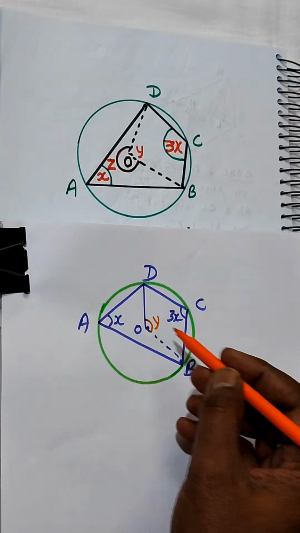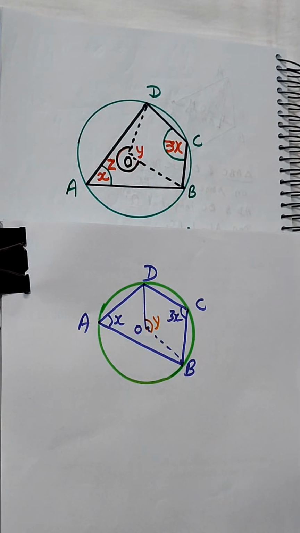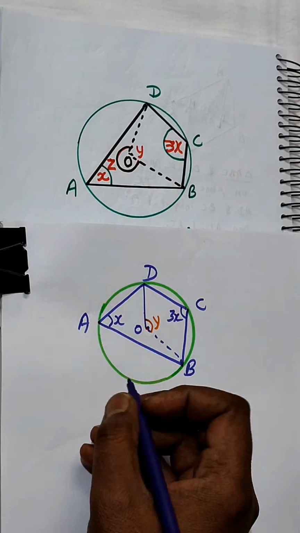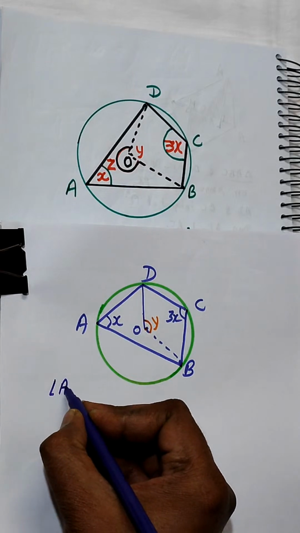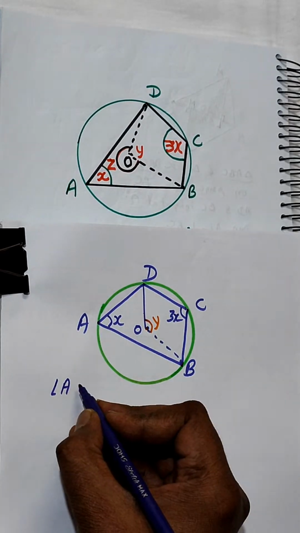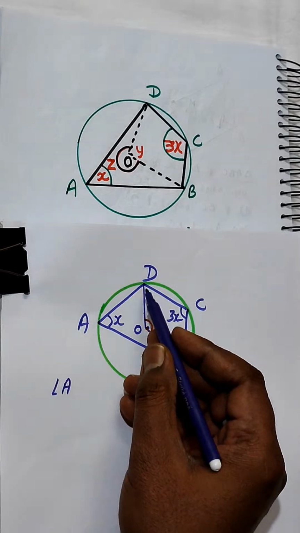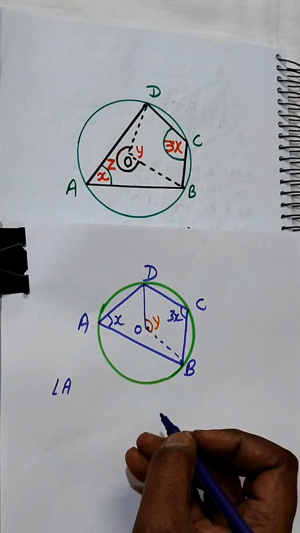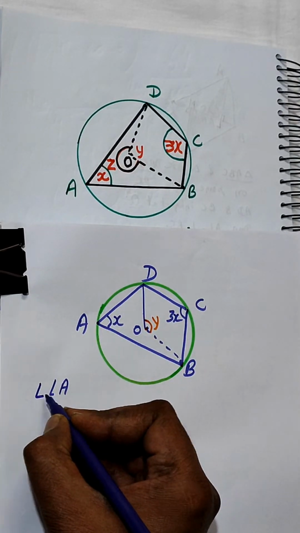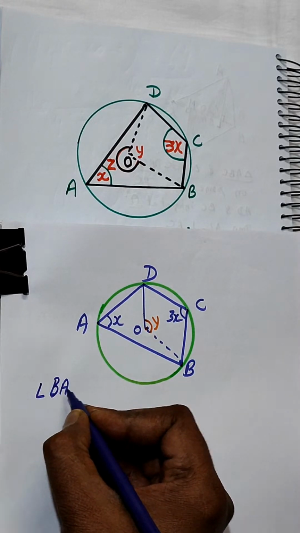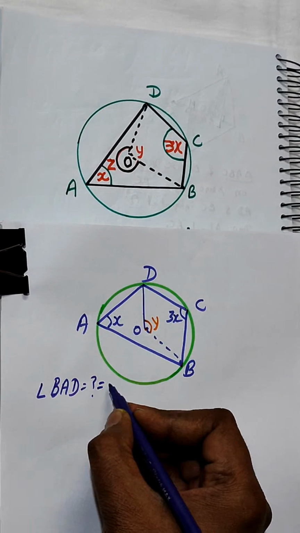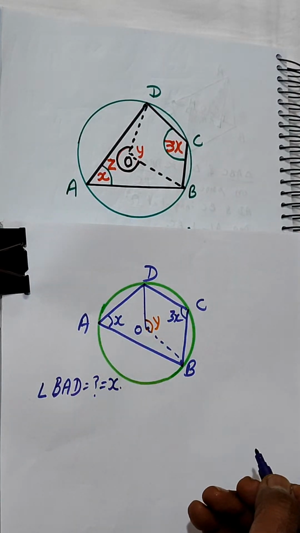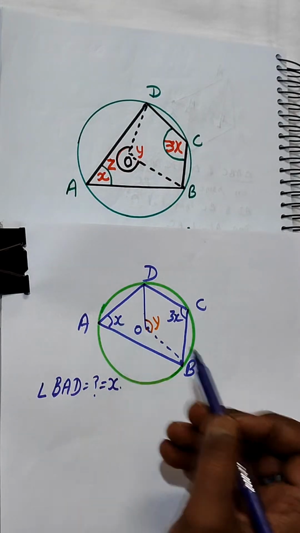and angle DOB exterior. So I am just writing what angles we need to calculate. We need to calculate angle A, that is, angle BAD. Angle BAD is x.